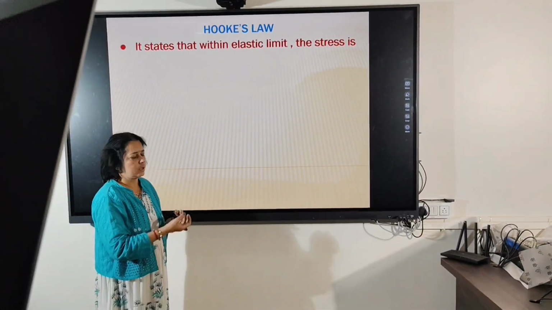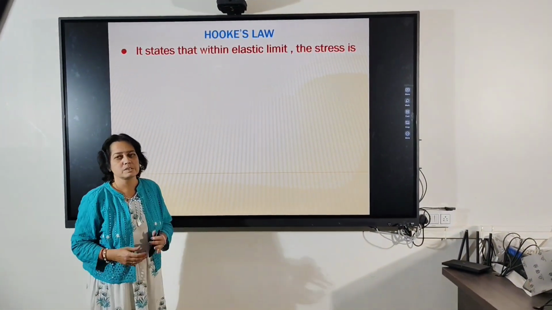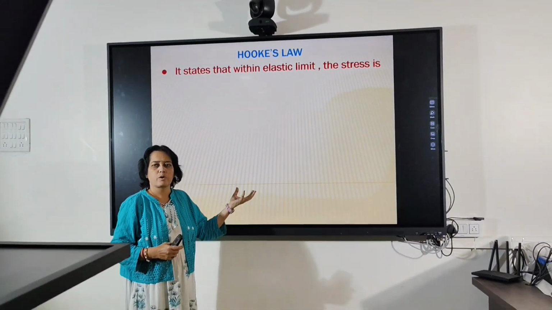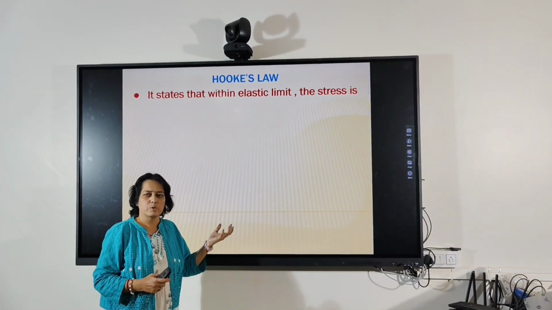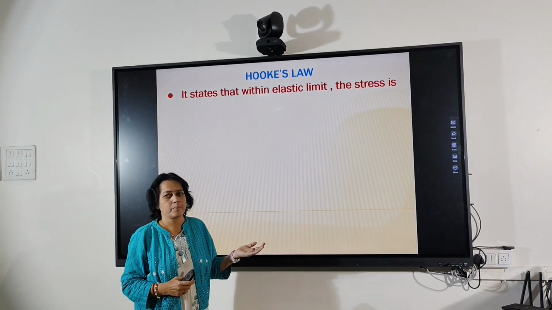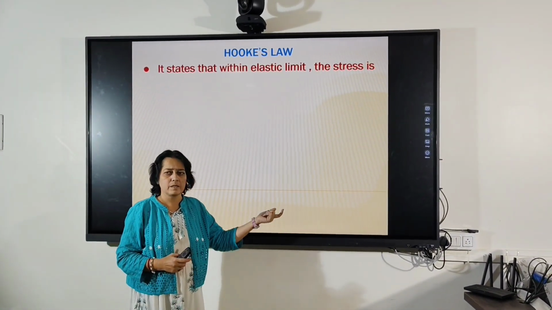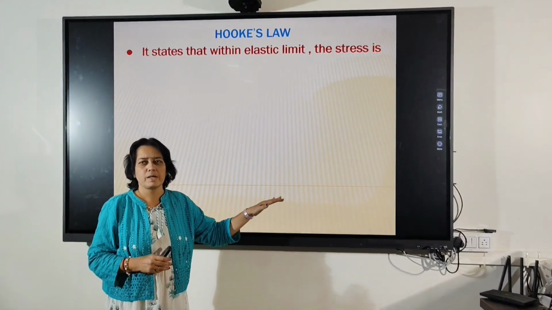If we increase the load on the rod, its length increases according to the weight or force. And if we keep increasing the force more and more, then after some limit, it gets permanently changed in its shape and size.